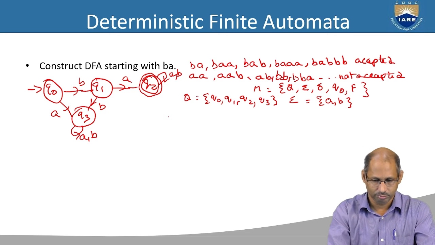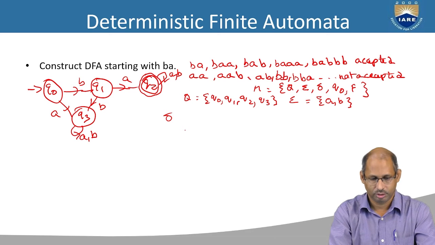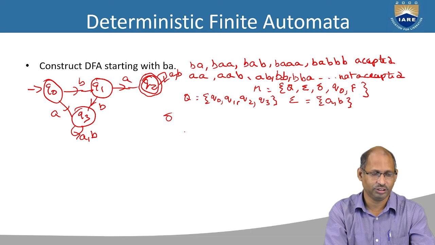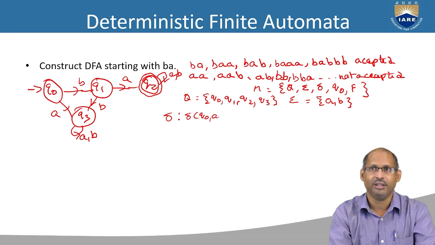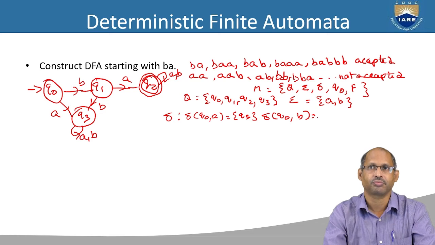Then the transition function. The transition function represents all the transitions in the finite automaton. So Q0 on A goes to Q3. Q0 on B goes to Q1.